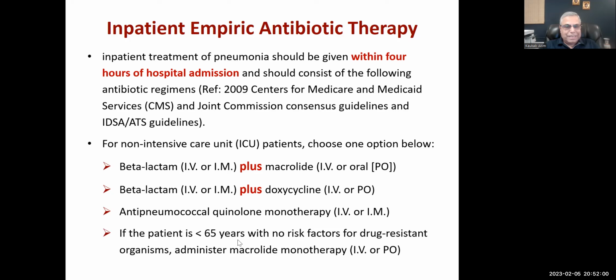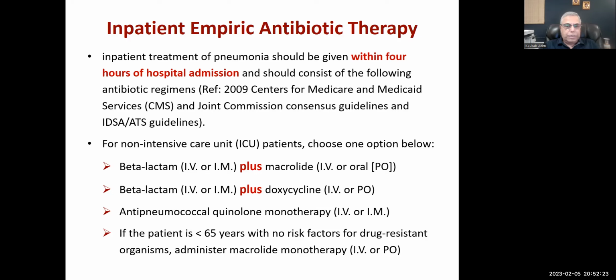If the patient is less than 65 with no risk factors for drug-resistant organisms, administer macrolide monotherapy. And if you remember, even in COVID infection, azithromycin was a part of the normal regimen in almost all the patients. Okay, we had antiviral drugs as well, but we were giving azithromycin as well.